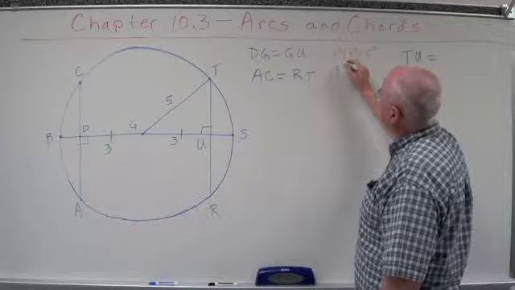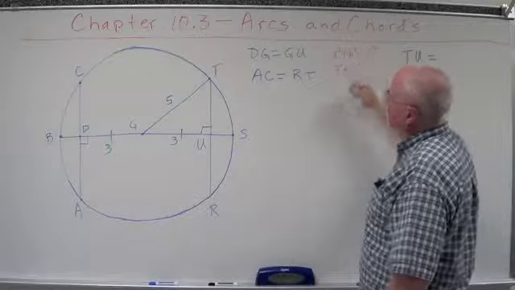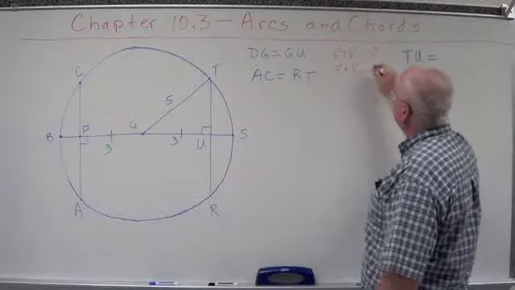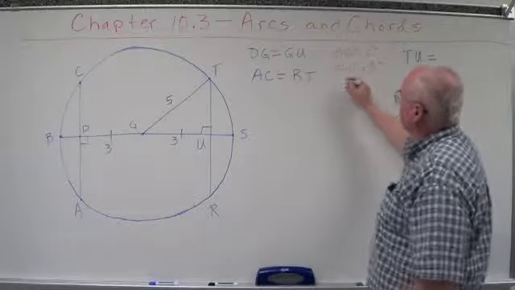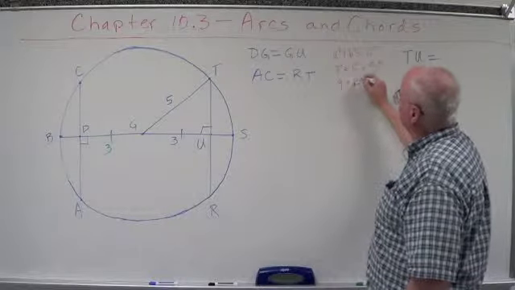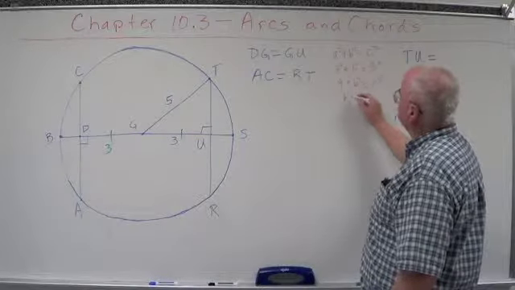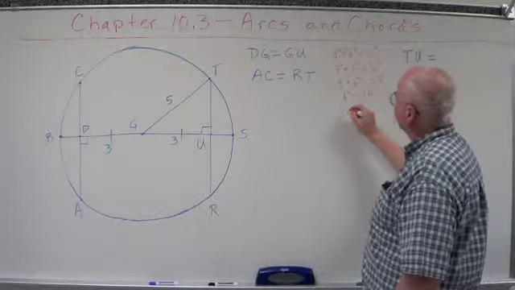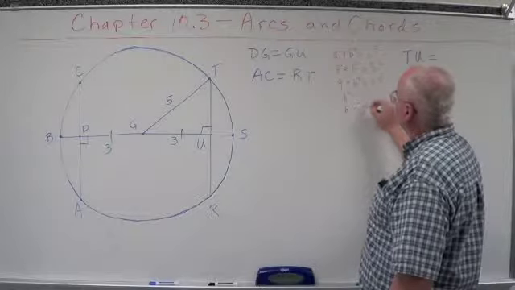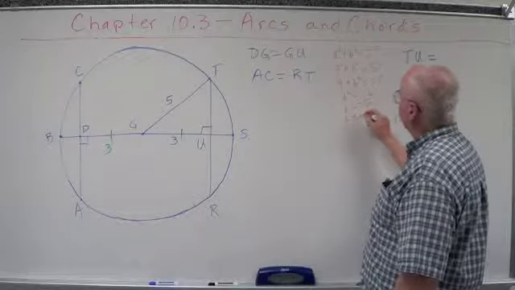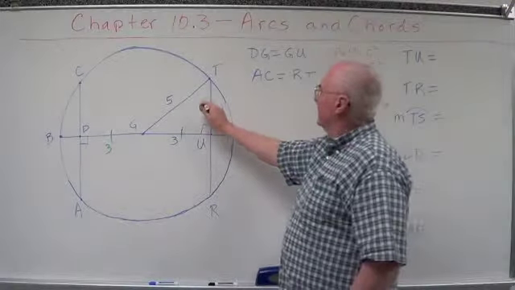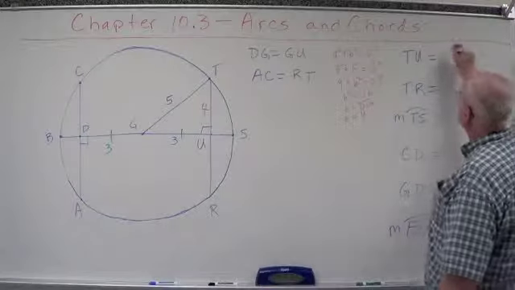A squared is 3 squared, plus b squared, we don't know the other side, equals 5 squared. So 9 plus b squared equals 25. Subtract, and b squared equals 16. So b equals the square root of 16, b equals 4. So this right here is going to be 4.